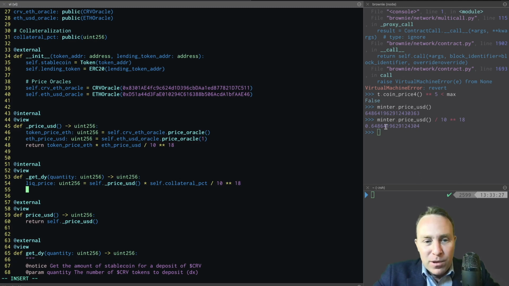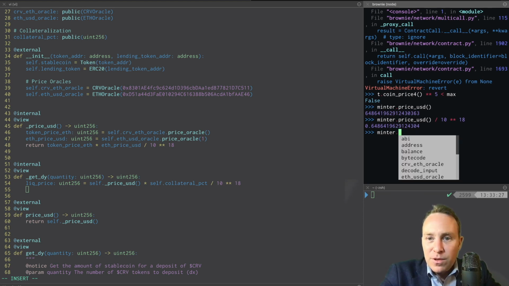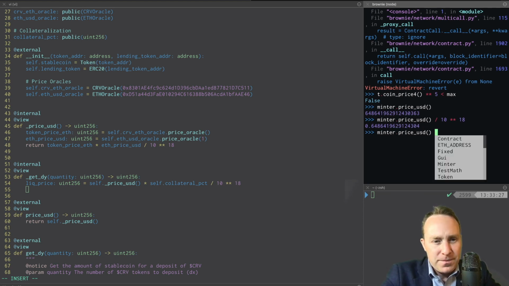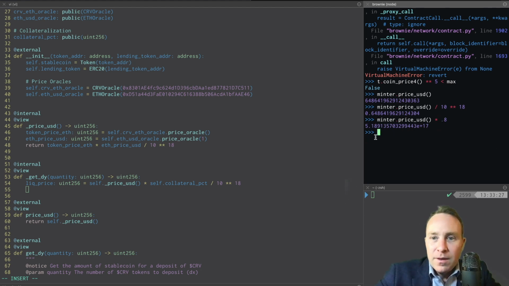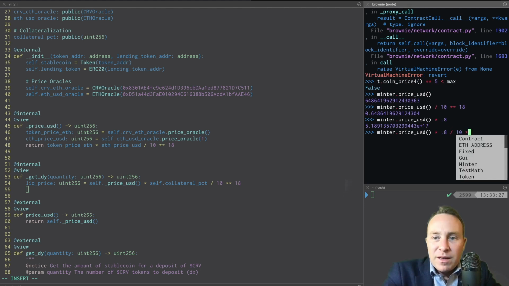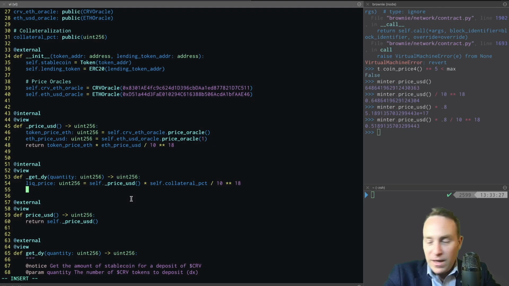So this number multiplied by the collateralization percent divided by 10 to the 18th gets us to essentially this big number times 10 to the 18th. In other words, minter.price USD times minter.collateral percent, which we're going to set as, let's say, 0.8. Then divided by 10 to the 18th gets us to 52 cents, which is when this gets liquidated.